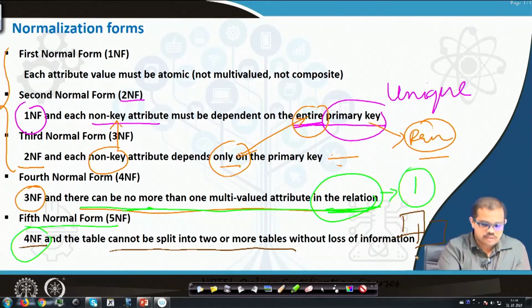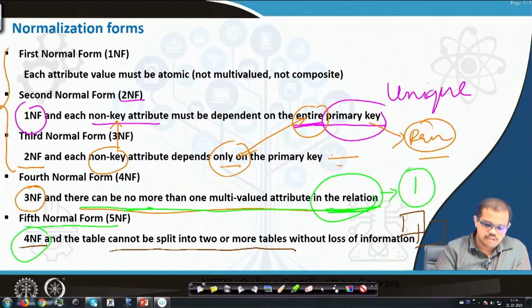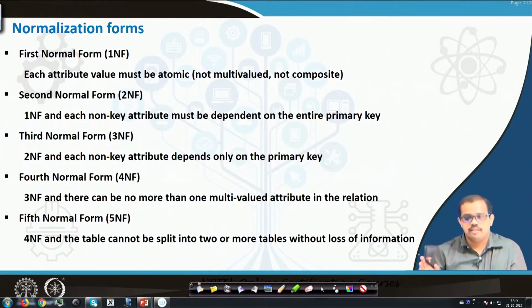So, normally the fourth normal form is considered extensively best, but the fifth normal form has certain issues in terms of loss of data. That is why it is normally not used.